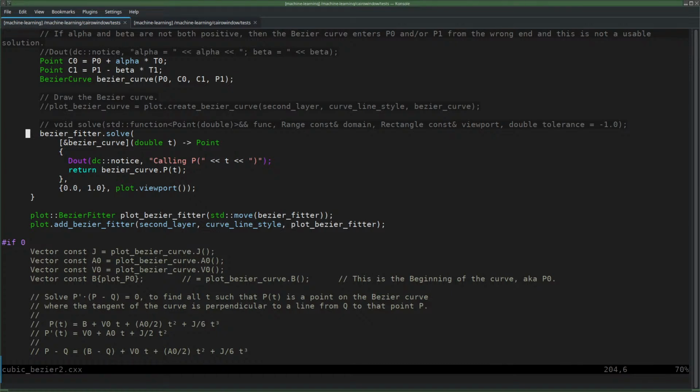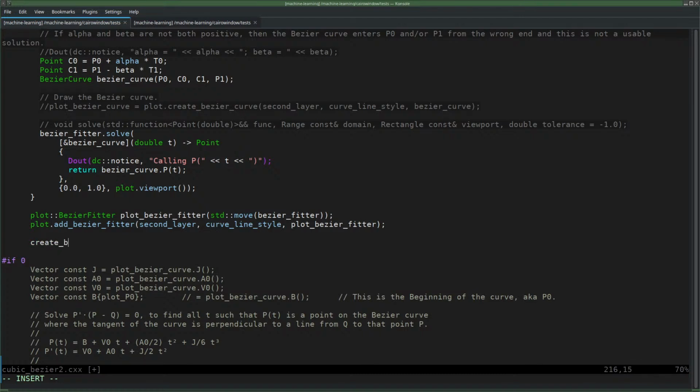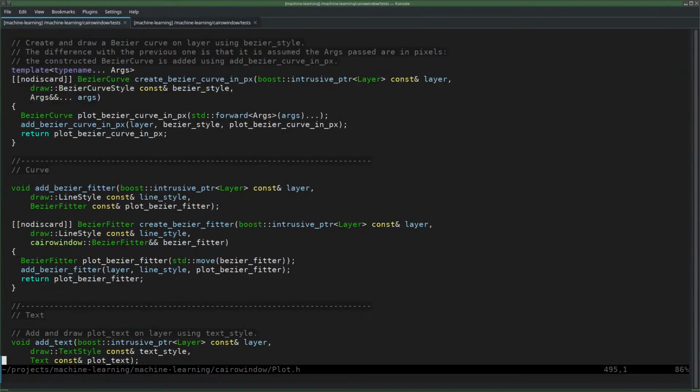Let me think. It can only be created by moving a Bezier fitter. But we'll use this.